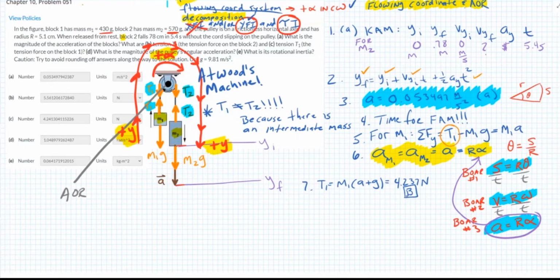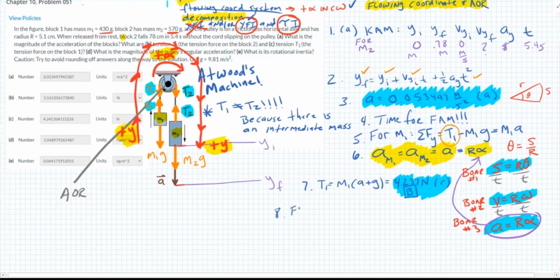All right, so going out of order, apparently. But this was the answer to part C. Part C wanted T1. Part B wanted T2. So my first reaction is, let's do another inventory, an inventory for mass 2, number 8.